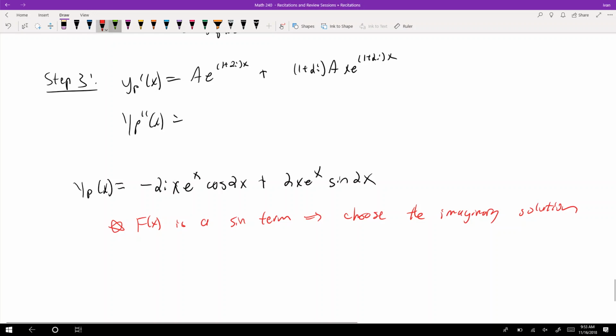What does that mean? Well, yp of x has an i, so this is the imaginary solution. And on the right-hand side, this is the real solution. So if it were cosine, you would choose the real.